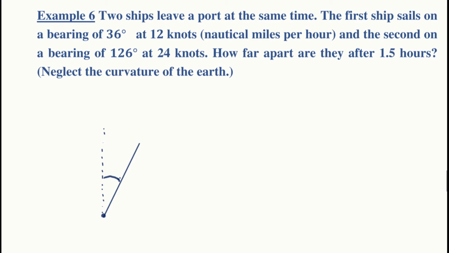And the second ship is on a bearing of 126 degrees. Let me get that erased real quickly. All right, so this angle right here we know is 36 degrees. The other one goes at 126 degrees.